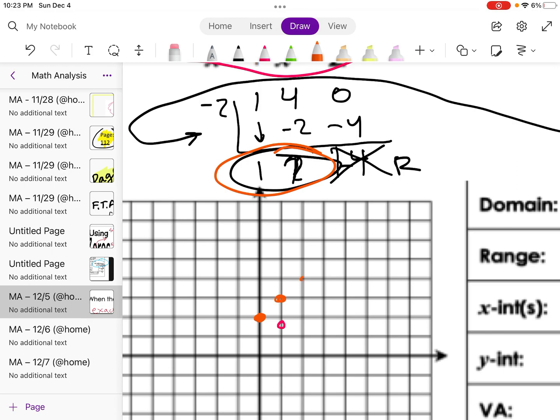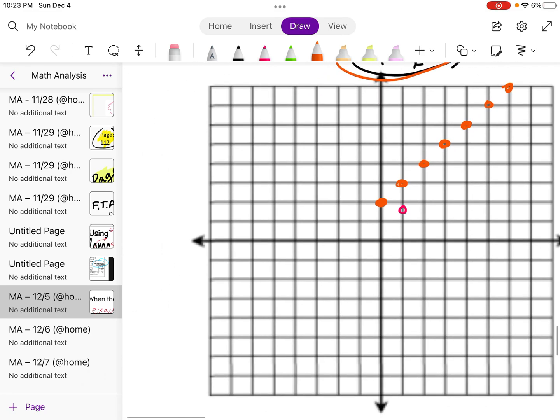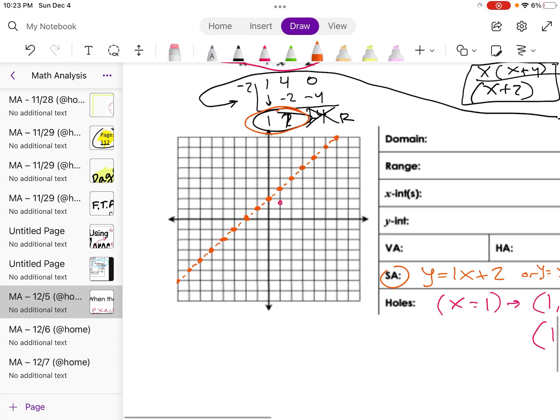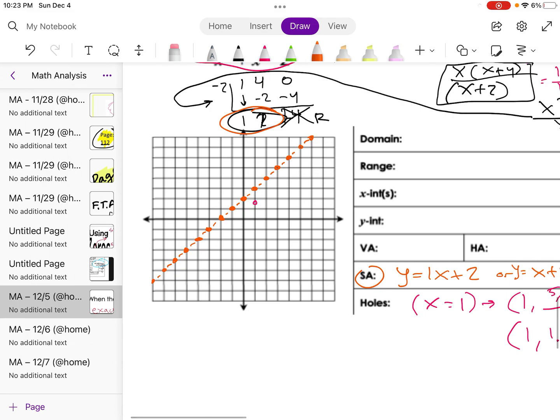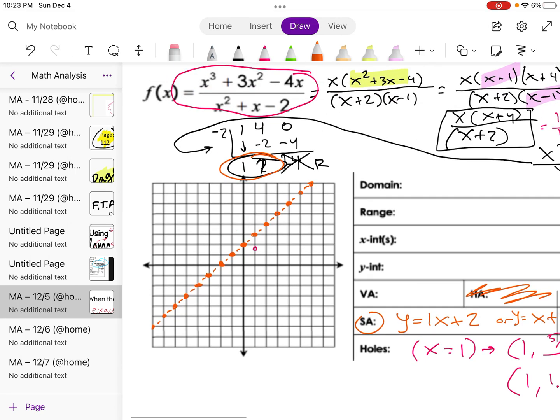And so if we put this on my graph, we have a y-intercept of 2 and a slope of 1. Alright, there's my slant asymptote. Put a dotted line in there. This is a boundary where the graph cannot cross.